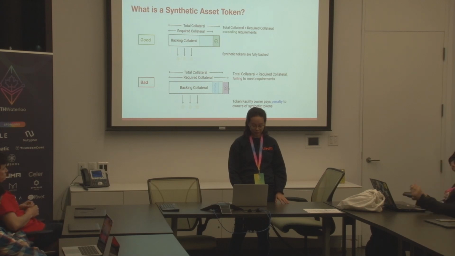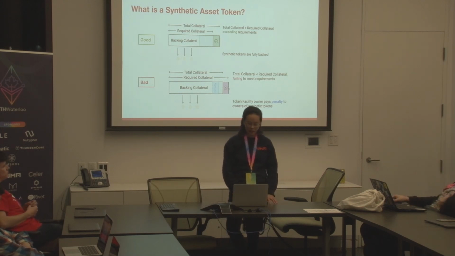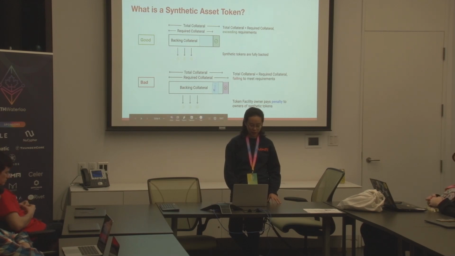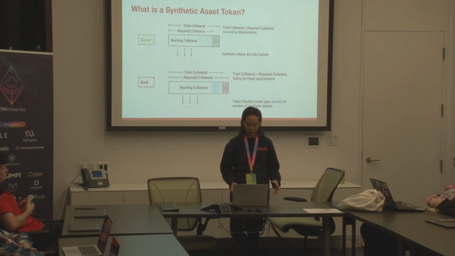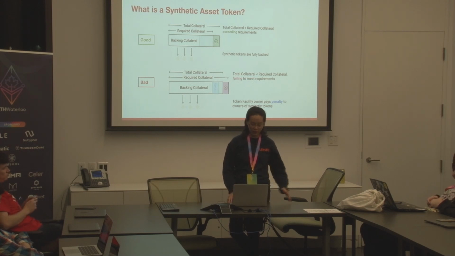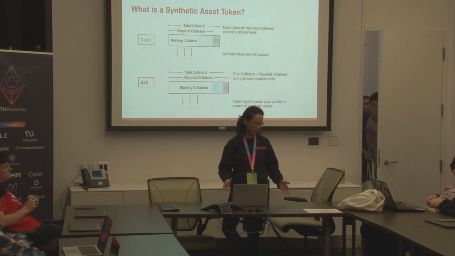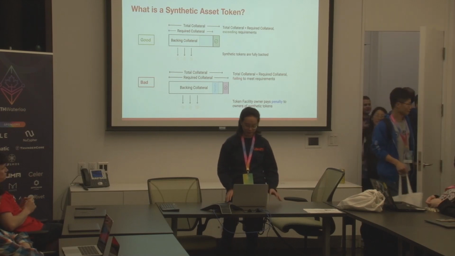You have a shortfall. So what happens in this case? We have some penalty of the excess collateral on top of your backing collateral that gets paid out to the owners of the synthetic tokens, and then the whole token facility unwinds. So you, as a token sponsor who created this, get to withdraw any remaining collateral that's in there. The tokens get redeemed, and there's no more collateral in the token facility.